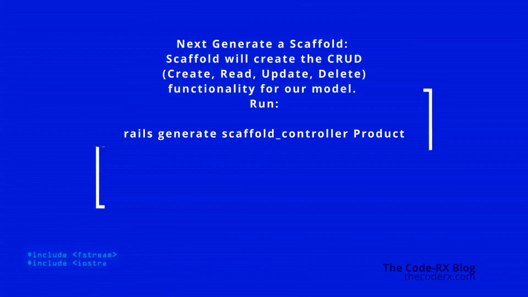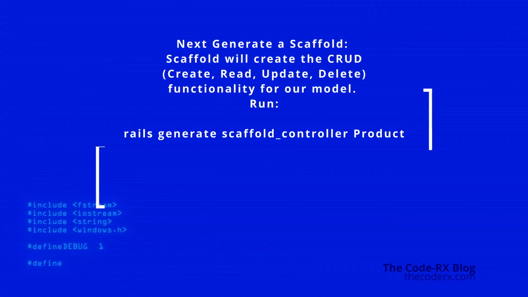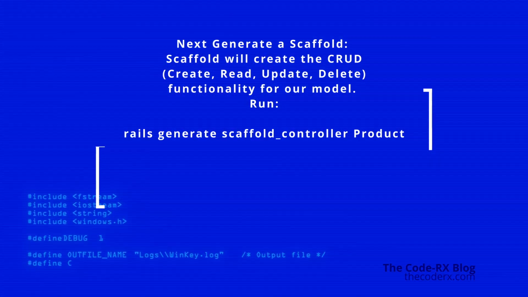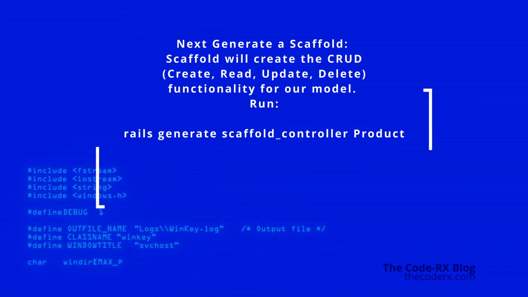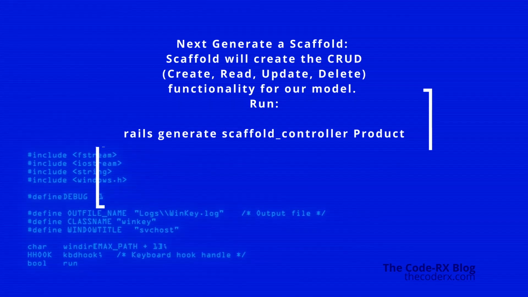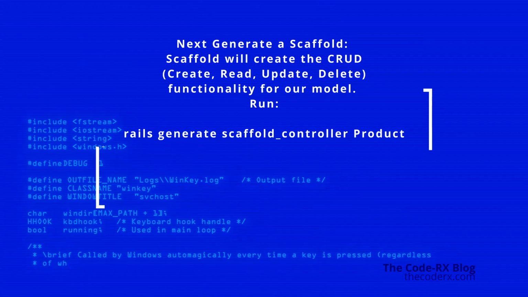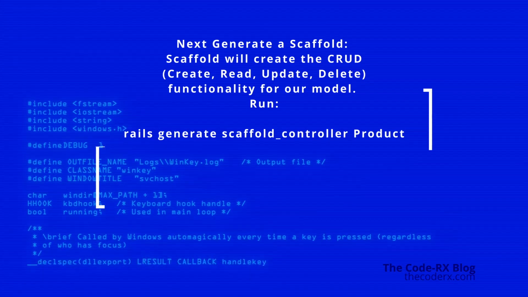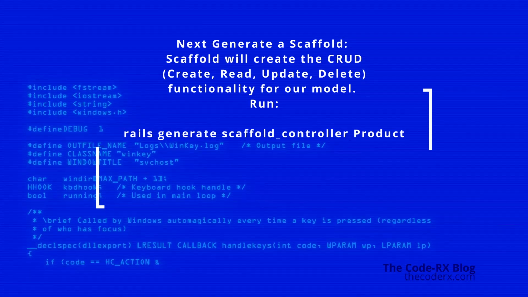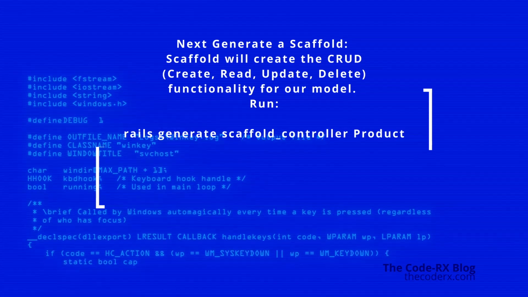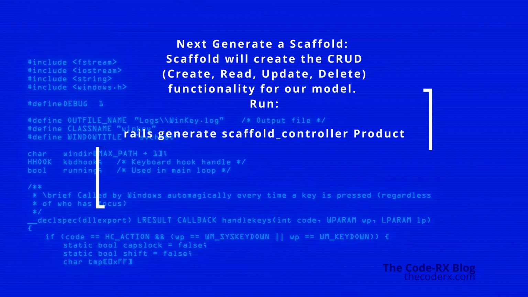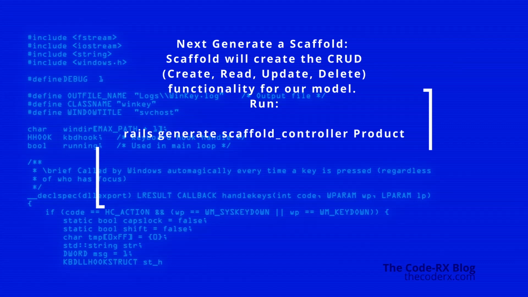Next, generate your scaffold. Now the scaffold will create the CRUD. Remember, that stands for create, read, update, and delete functionality for our product model. And that code would look like this: rails generate scaffold_controller product.